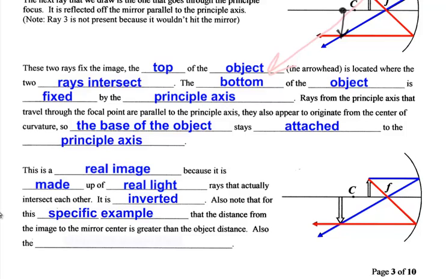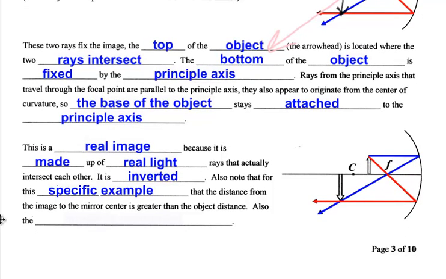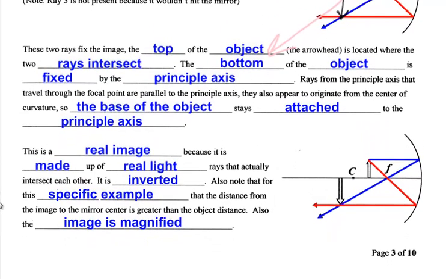And for this specific example, the distance from the image to the mirror is greater than the object distance, and also the image is magnified. So you've got 3 or 4 things that we are talking about when we're looking at this image.